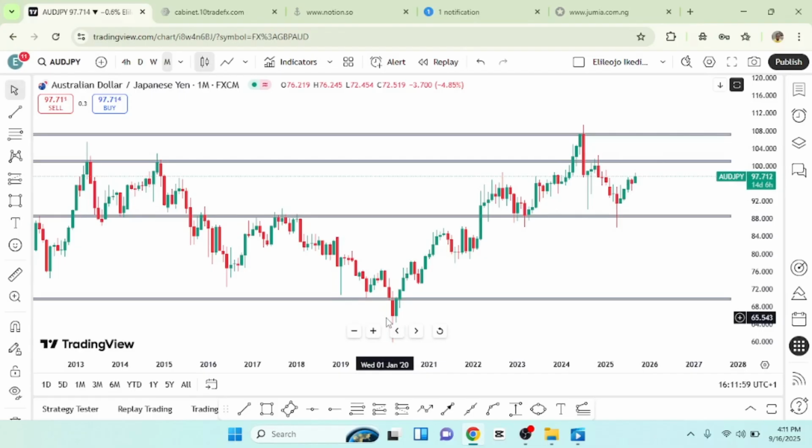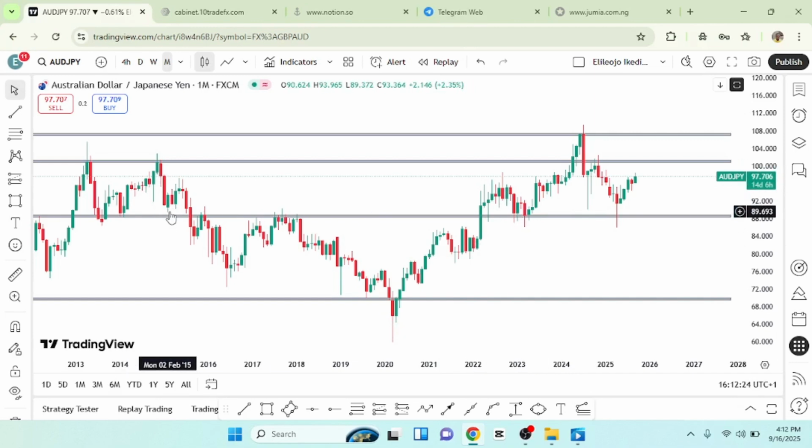So you want to plot your support and resistance levels around the most recent price action. So I will not be drawing this level here. Rather, I'll be moving it to the most recent price action around this zone. Price was moving up, could not break above this level, and then started dropping. The same thing happened here.